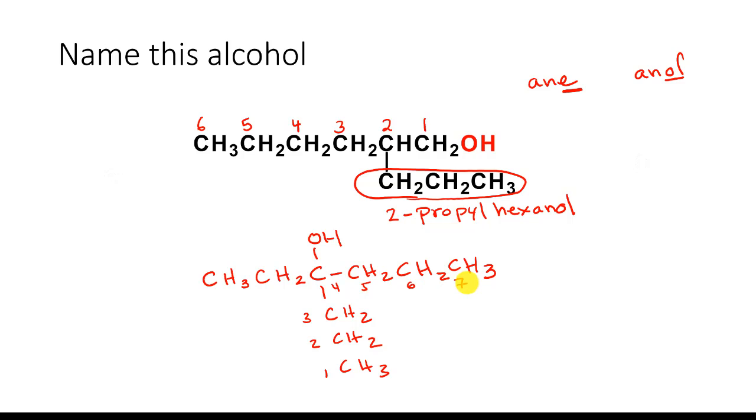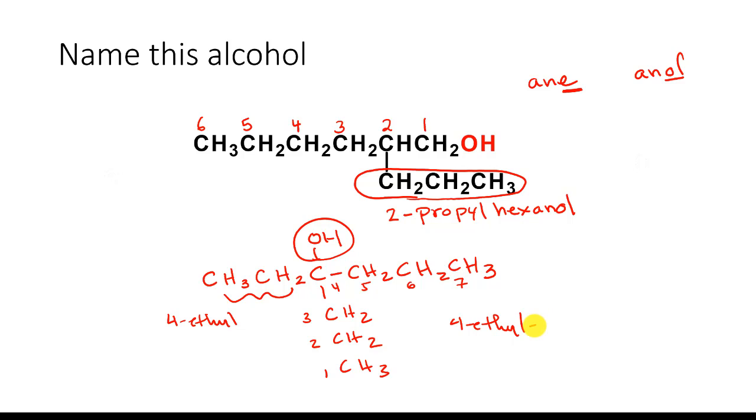Now, this becomes, at that point, a 4-ethyl group. And then we have to give the OH a number in the name. So this becomes 4-ethyl. And then there's 2 ways to do this, just as you've seen before for alkenes.